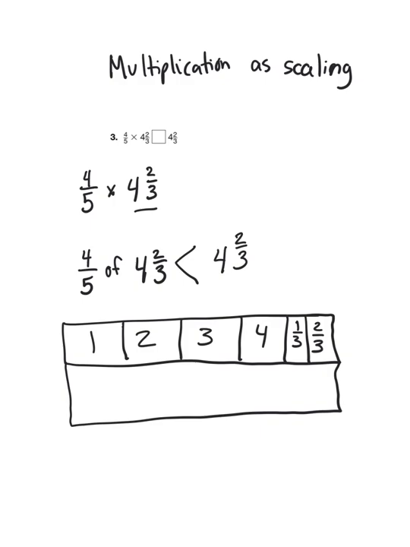I'm going to take the same area as my 4 2/3, and I'm going to cut it into 5 equal pieces because I have my denominator 5 here. So let's see, 1, 2, 3, 4, 5. Okay. And then I'm going to shade 4 of them because I want 4/5 of 4 2/3.